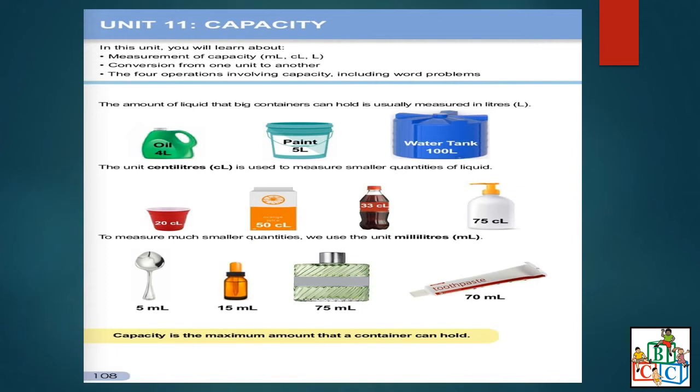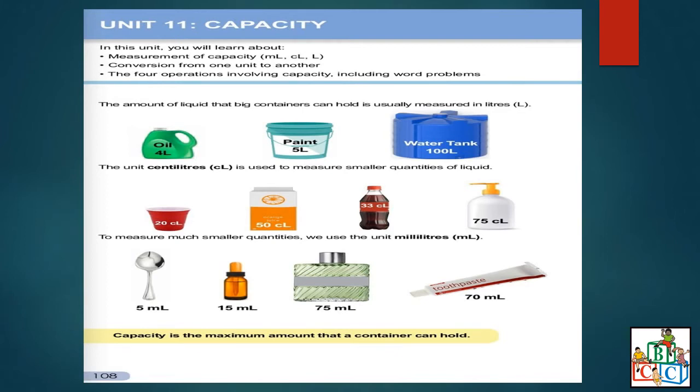As you can see in your book, you have some figures. We are going to see the amount of liquid that big containers can hold is usually measured in liters. For example, the large bottle of oil, paint, and the water tank. So the oil is 4 liters, the paint 5 liters, the water tank 100 liters.